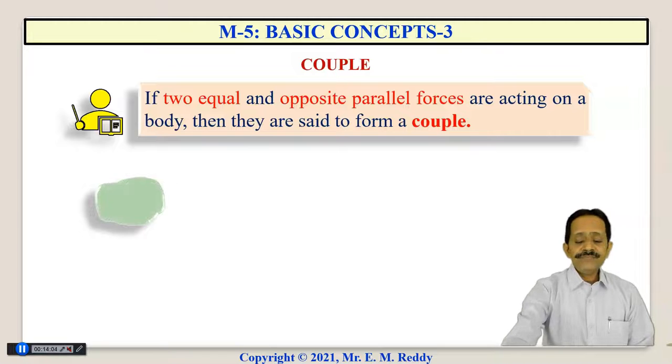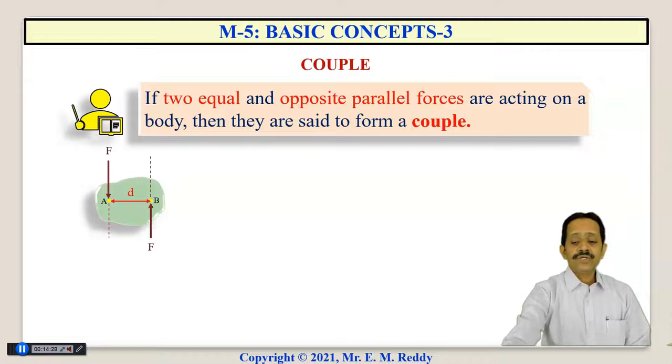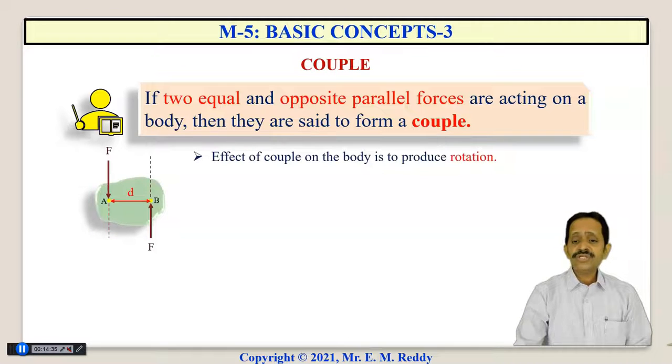Consider this body on which two forces of magnitude F are acting at the points A and B, and they are parallel to each other, acting in the opposite direction. So the distance between them is, say, D. Now these two forces are said to form a couple on this body. What is the effect of the couple on the body? To produce rotation. So the effect of couple on the body is to produce rotation.